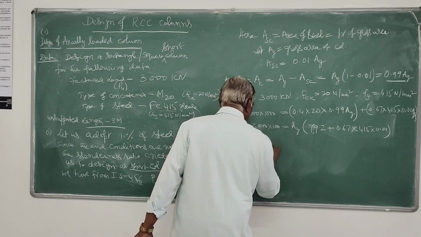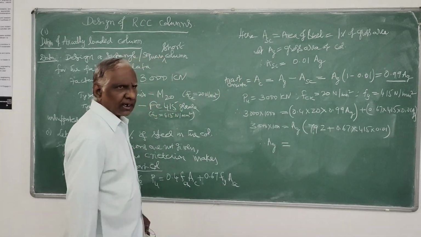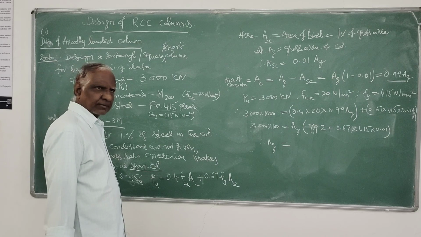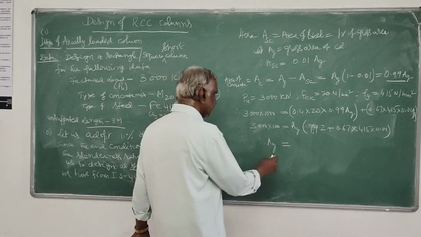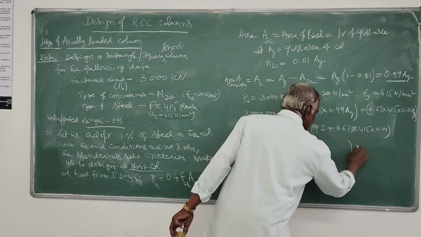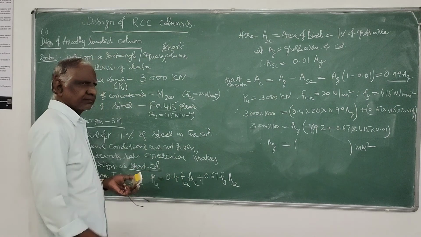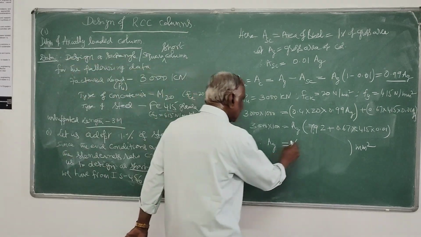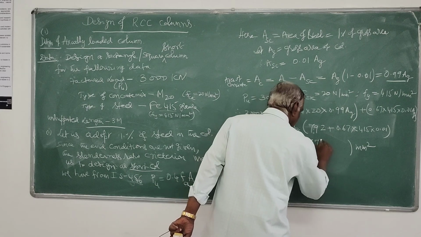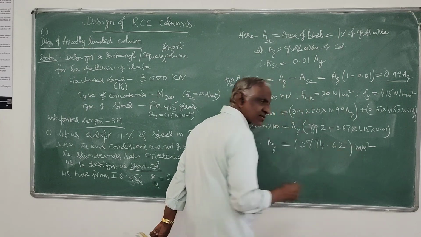So therefore, Ag you can compute. I think it is 27,000 also. Yes, sir. How much? No, sir, in millimeter square. 3774.6. How much? 3774.62 millimeter square.